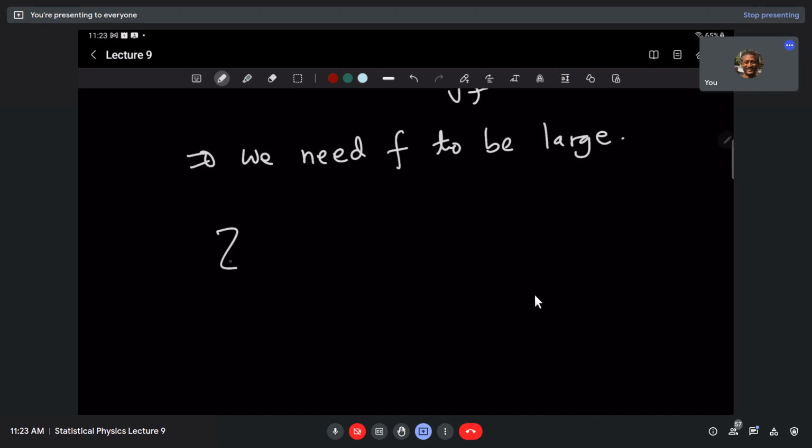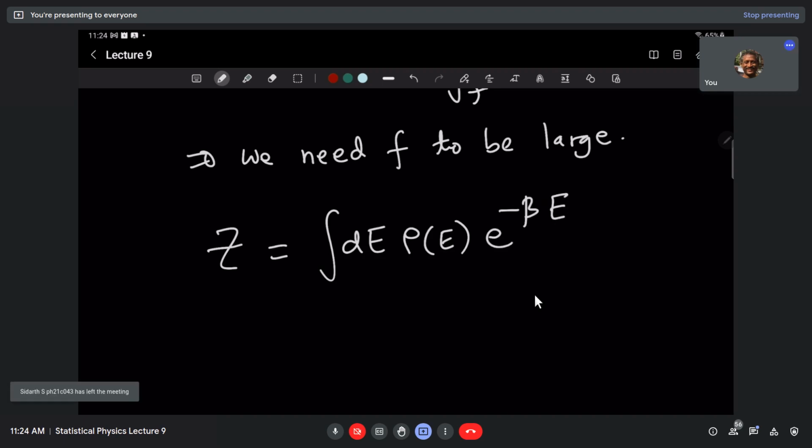Okay, so Z. I'll go to the definition: integral over dE, density of states rho of E, e power minus beta E. I'm using the integral form, but it doesn't matter. Now let's assume this is true.